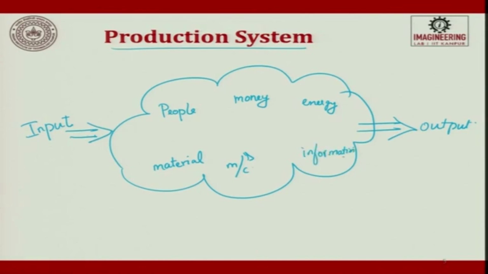This information can be design, production control, quality, and business. So, this is what in a simple pictorial representation you can talk about production systems. You will have people, money, energy, information, machine and materials.